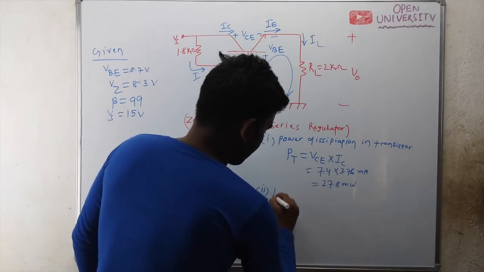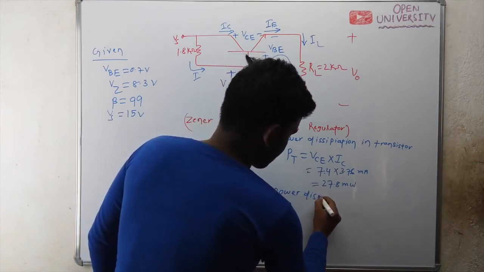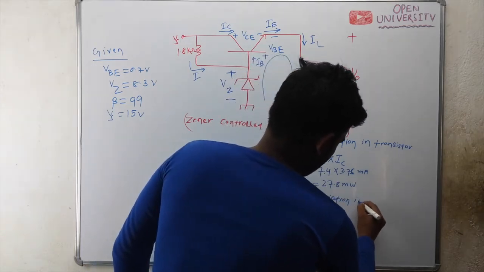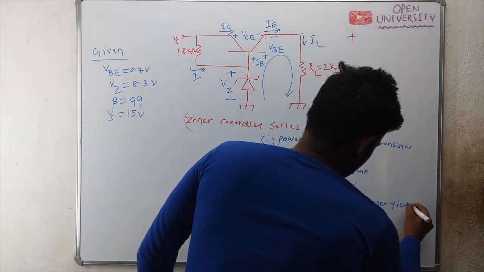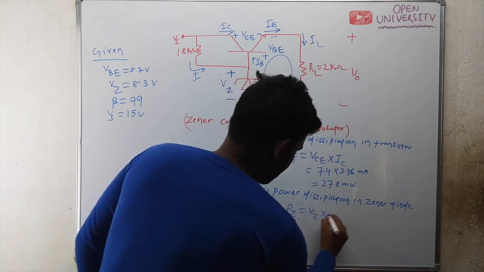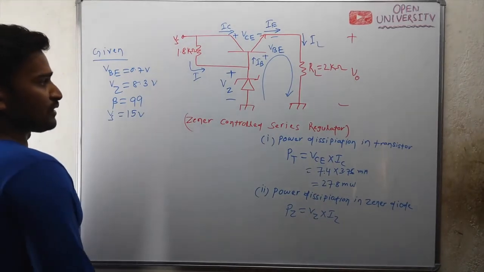Next, power dissipation in Zener diode, that is PZ equal to VZ into IZ: voltage across the Zener diode into current through the Zener diode.